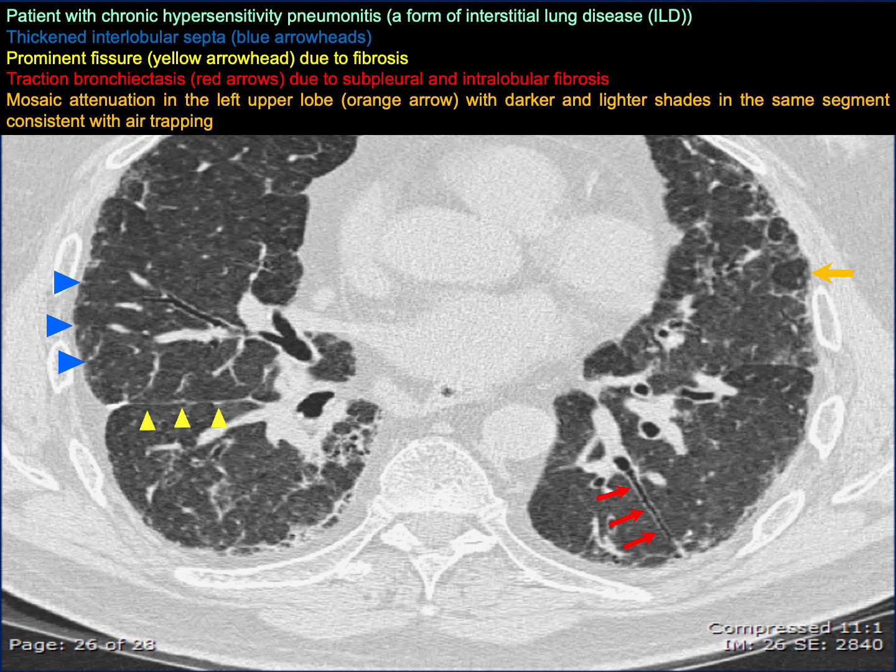Normally this should not happen, and when this happens, it means that there's some fibrosis or scarring happening, leading to traction bronchiectasis. And if you look at the orange arrow, it shows some mosaic attenuation, which means that there are areas in the lung that are more black compared to areas that are less black, or conversely, you can say areas of the lung that are more white compared to the other areas.